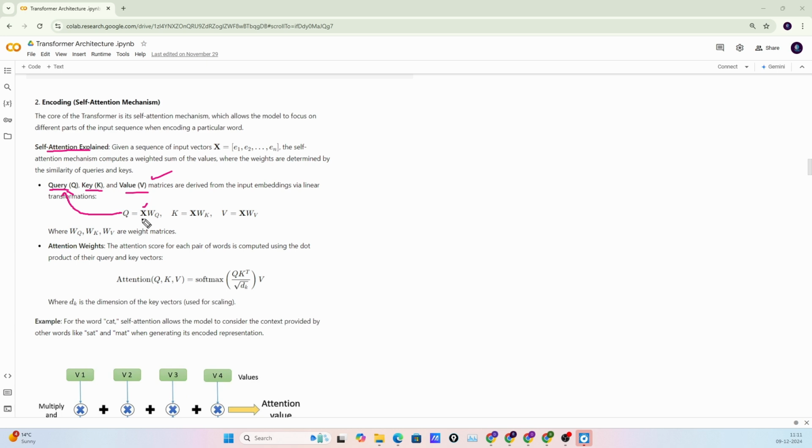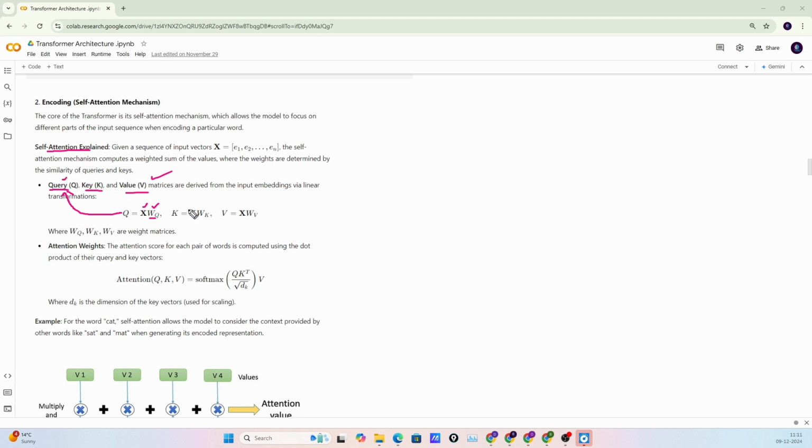Basically x means our embeddings plus positional encoding information. In the previous step we added the positional encoding information to our embedding. So here x means two things: word embedding plus positional information, and we multiply this with the query weight. WQ is basically the query weight. So this way we calculate our query vector.